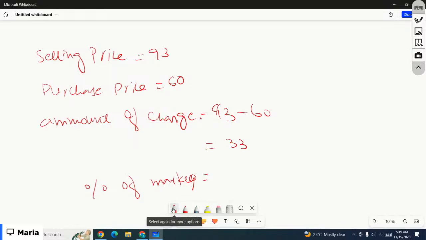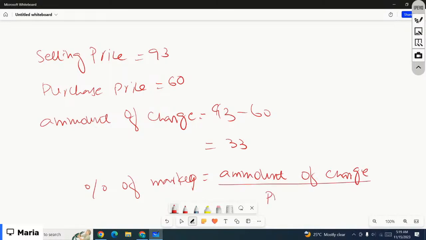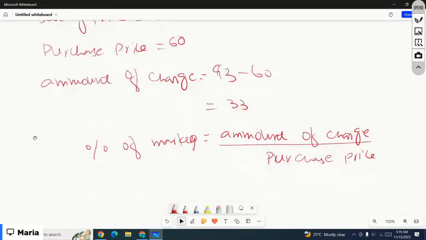That would be amount of change divided by the purchase price. So amount of change is $33 and the purchase price is 60. So 33 over 60 equals, let me just evaluate.